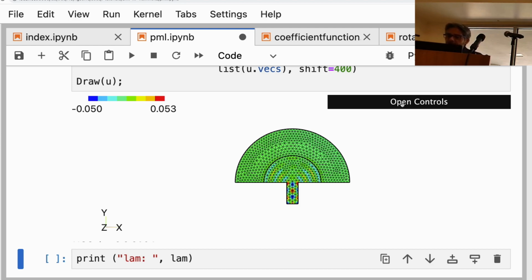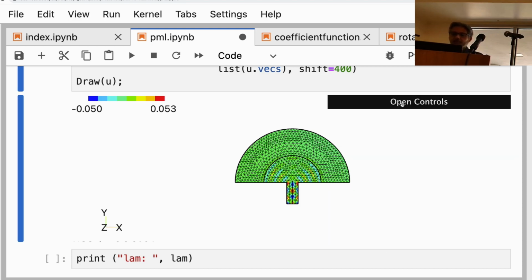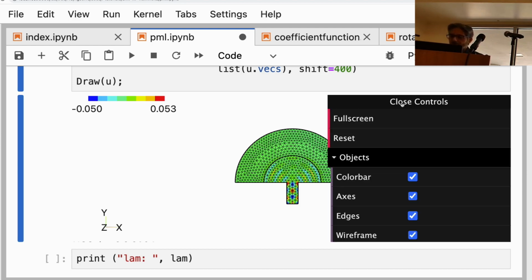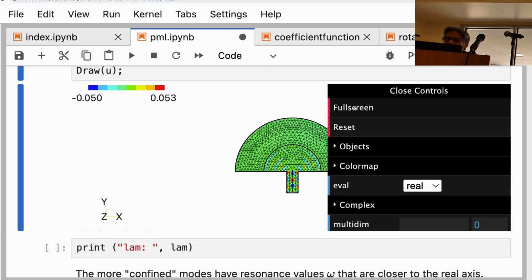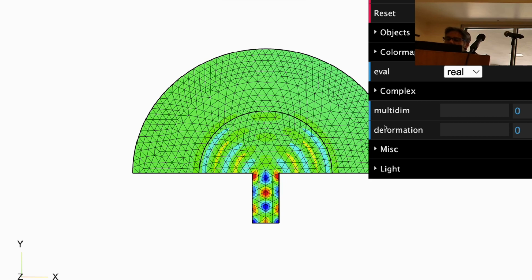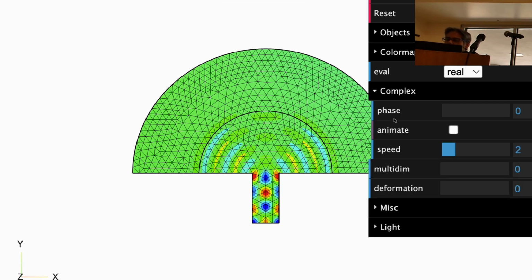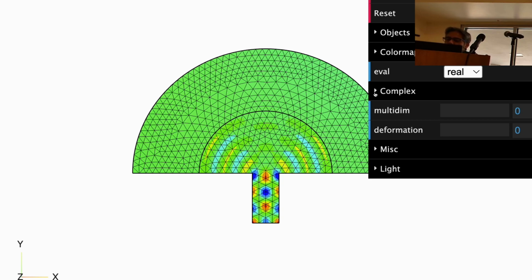So if you want to, okay, I can do that. Let me open the complex subfolder. Okay, here is the animation, and here is how you get the other components.